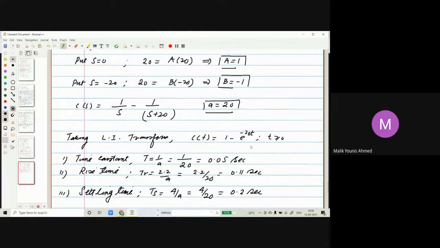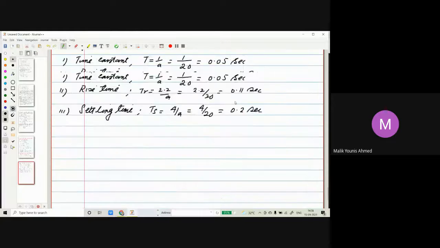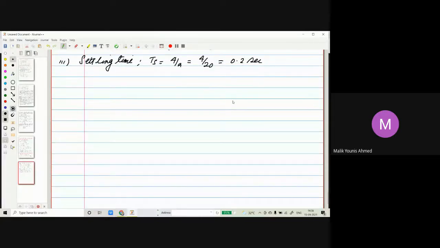Okay, this was another numerical based on first order system. Next we have time response of a first order system.